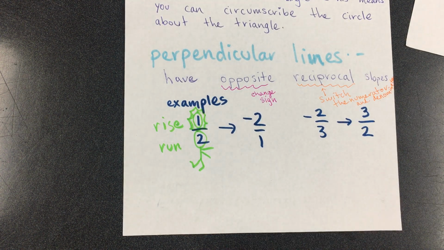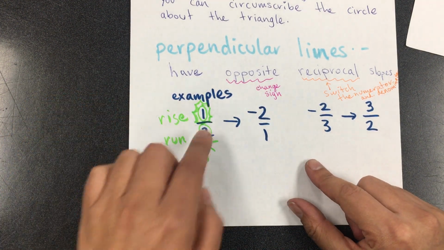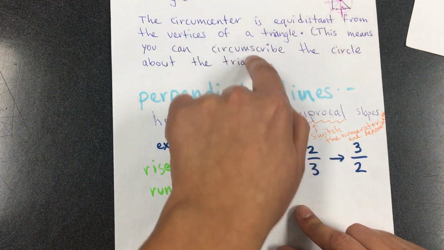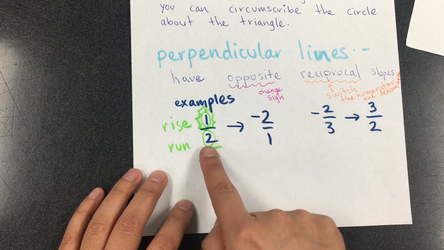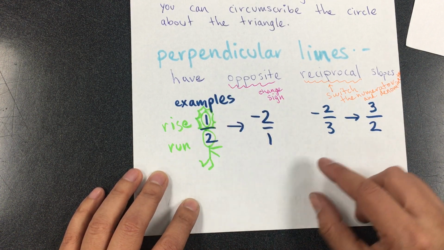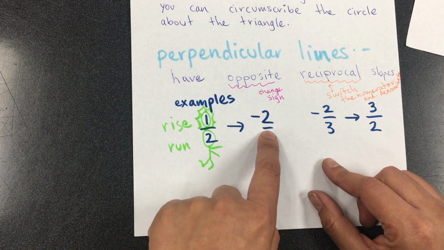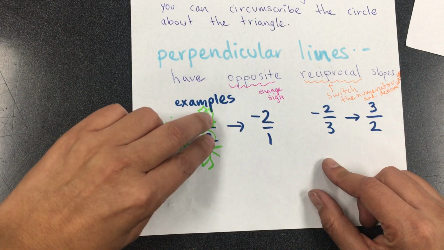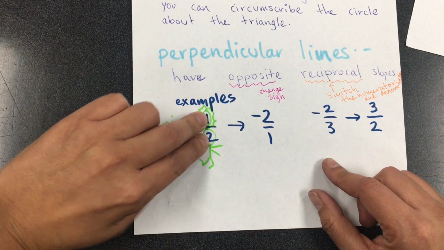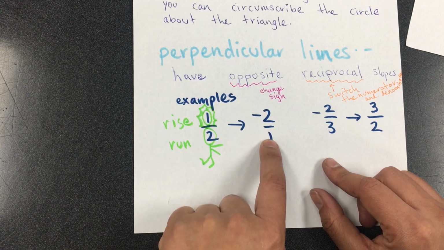And so when you switch, let's pretend that we have a triangle where one of the sides has a slope with rise 1, run 2. The perpendicular bisector will have the slope that is opposite reciprocal, meaning that you switch, the 2 goes up, the 1 goes down.